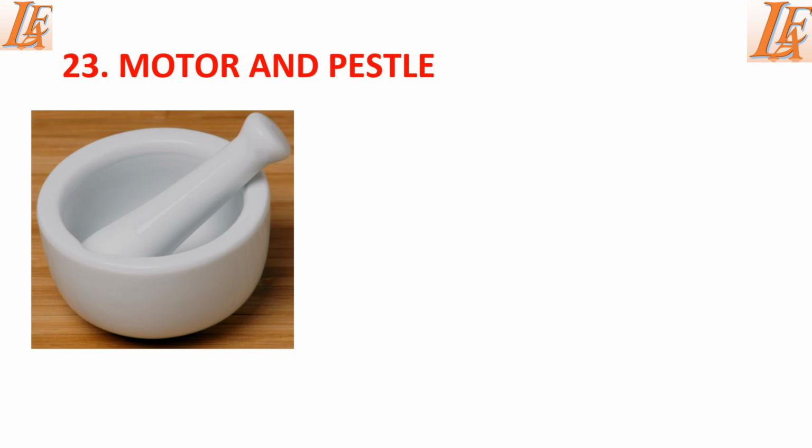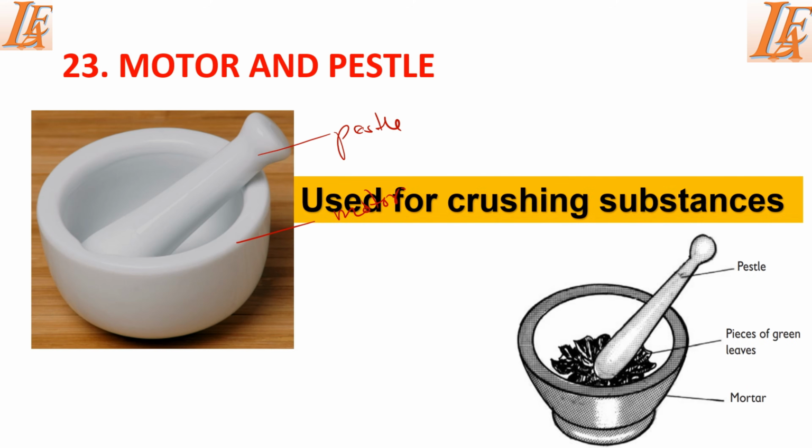Another apparatus that we have is a mortar and pestle. So this one is a pair of tools. This is what we call a pestle, and then this is what we call a mortar. Now the function of this mortar and pestle is that it is used in crushing, grinding, or even mixing solid substances into small particles.